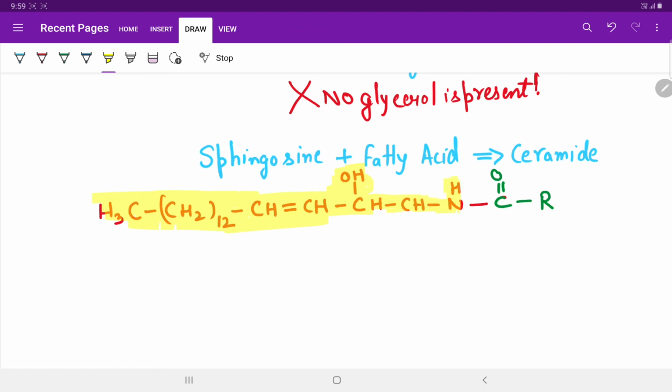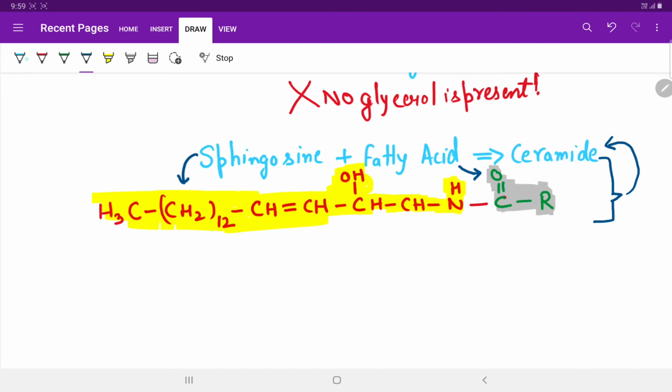And for fatty acid, this grey highlighted part, the letters written in green color. Sphingosine with red and fatty acid with green. So they together form one ceramide molecule. This is the whole structure for ceramide.